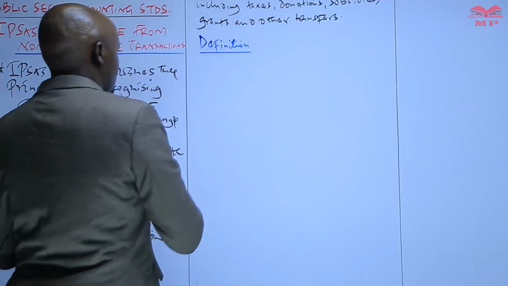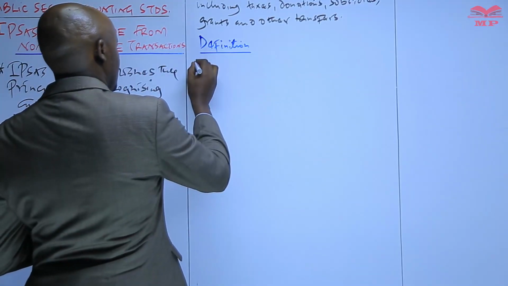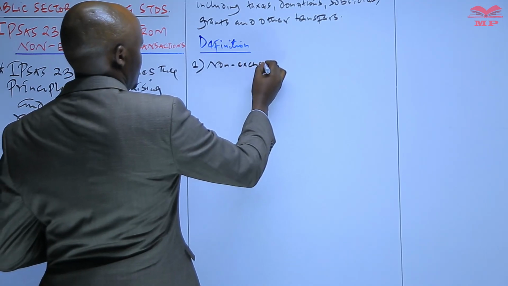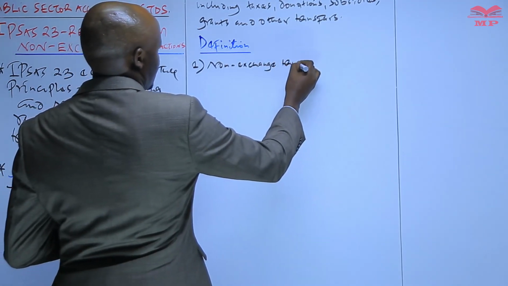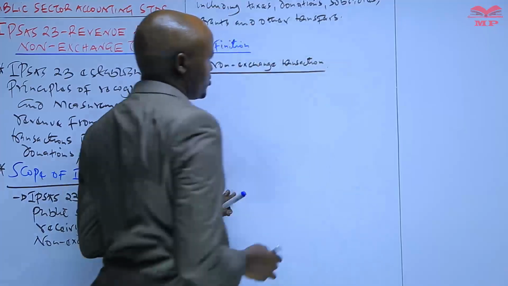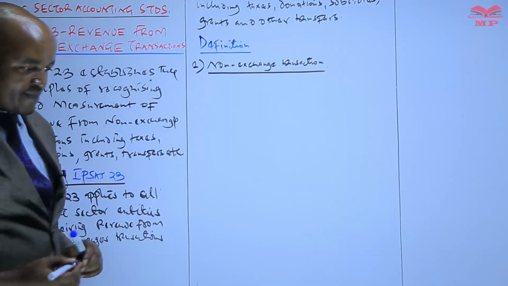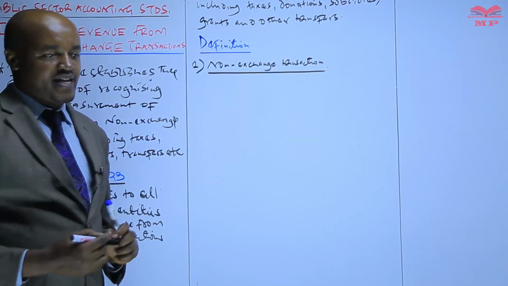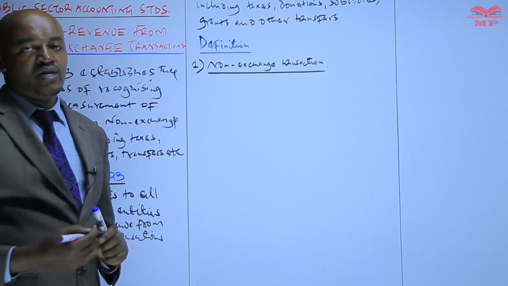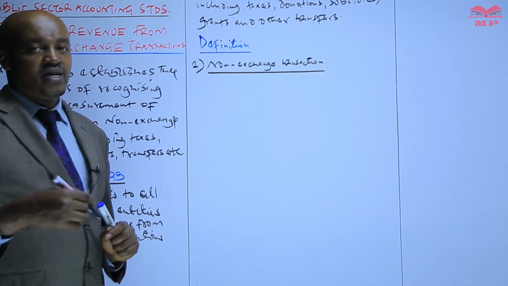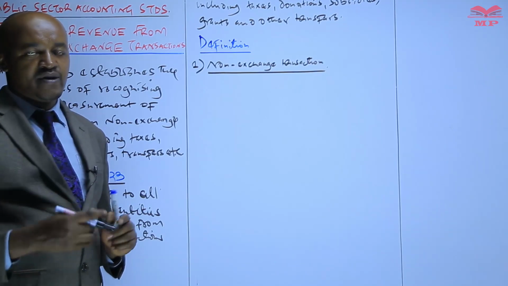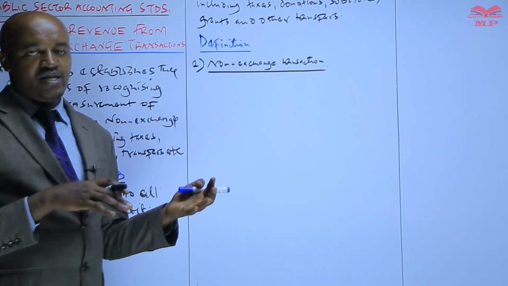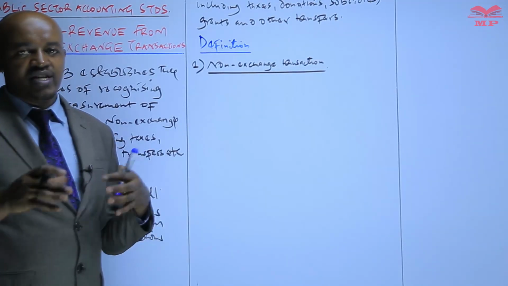The first term we need to define here is non-exchange transaction. A non-exchange transaction is a transaction whereby one party will give or transfer some resources without receiving resources of equivalent value in exchange.